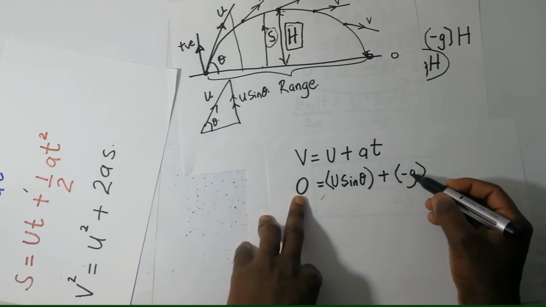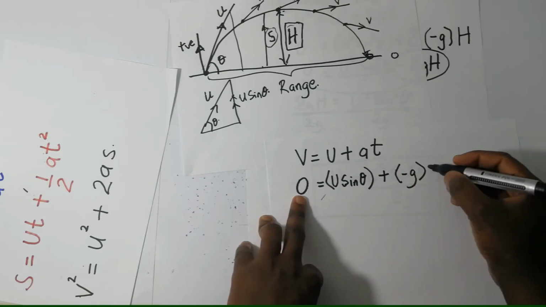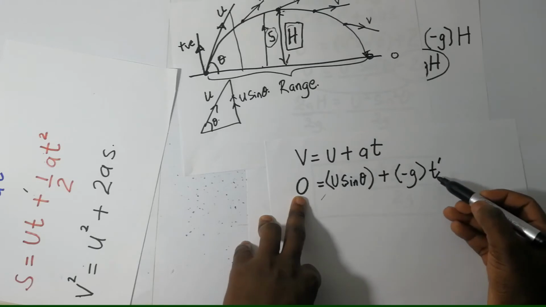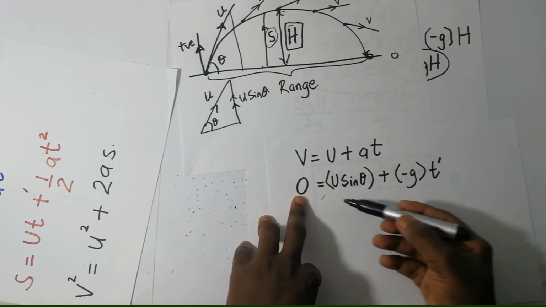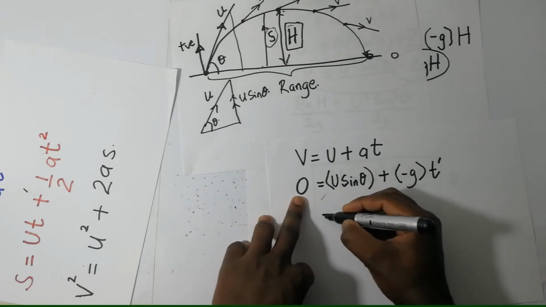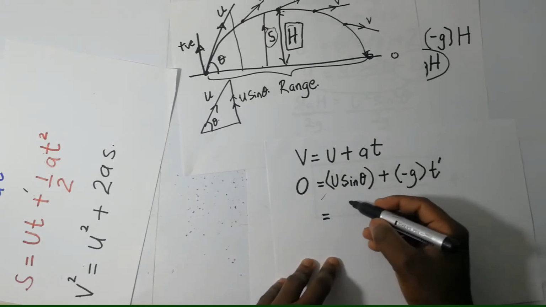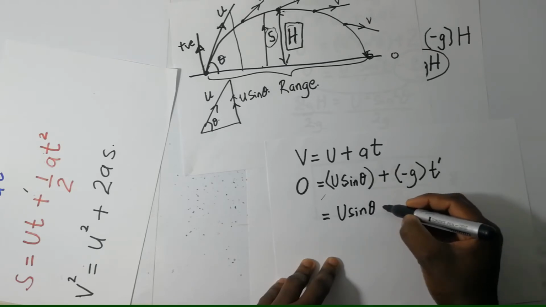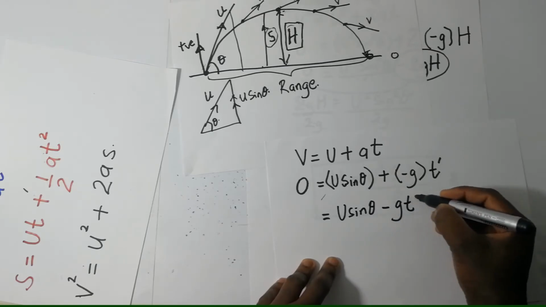Let's call it t prime, and let's say that t prime is the time taken to reach maximum height, because it's at maximum height that the velocity is 0. So the expression ends up being u times sine of theta minus g times t prime.